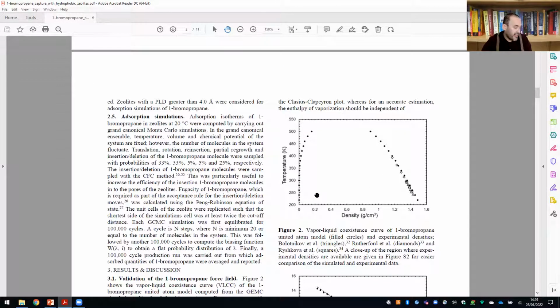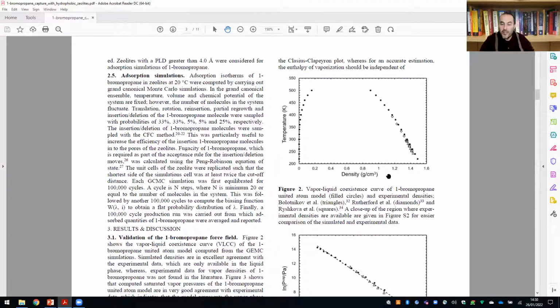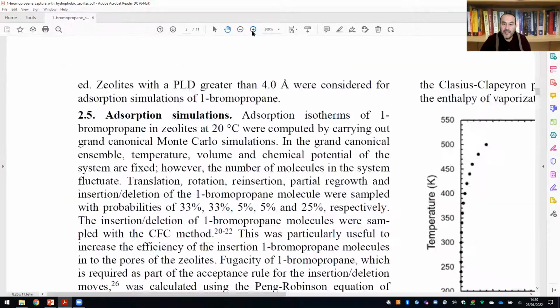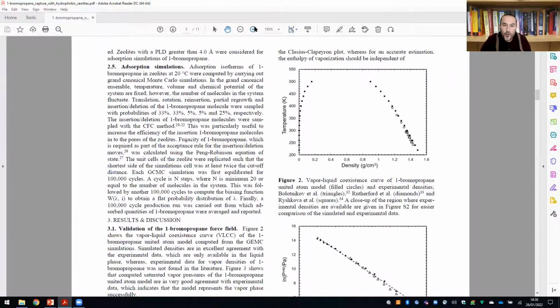I'm not going to go into the details, but I would like to perhaps in the future, because I do lots of Monte Carlo simulations. From these Gibbs ensemble Monte Carlo simulations, we can model the vapor-liquid equilibrium of fluids. For 1-bromopropane, we did that. So this is the, oops, sorry.